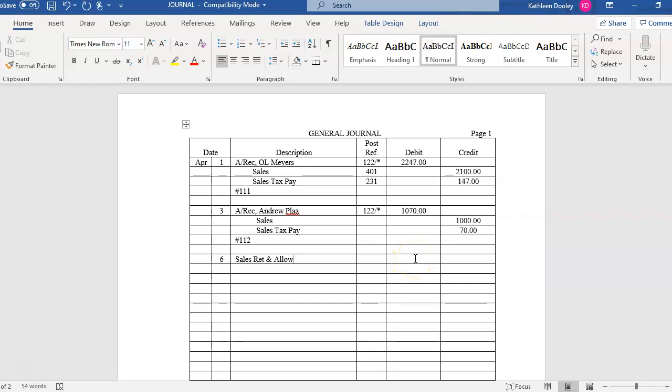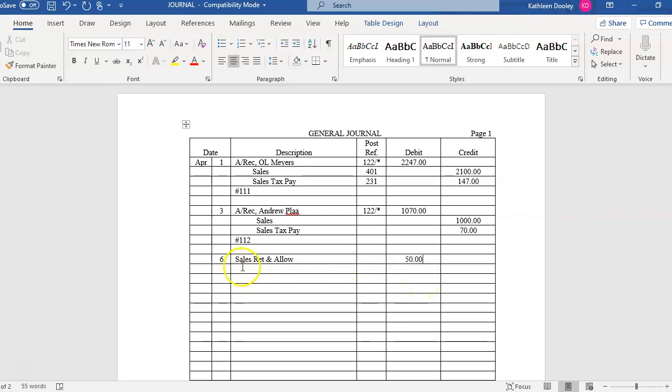Many managers don't want the sales returns debited to sales because then it just gets all mixed up in the balance. They want to know exactly how many sales returns are happening in the store. And so we have a separate account, but it is a contra revenue account. It's attached to the hip to sales. It has a debit balance. So we're going to debit that, the $50.